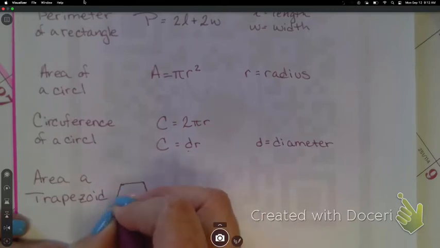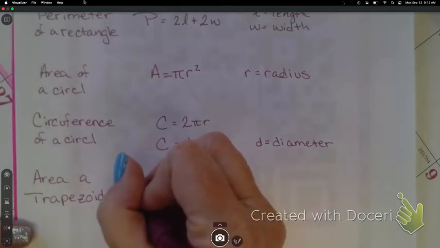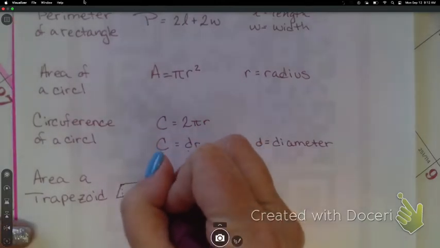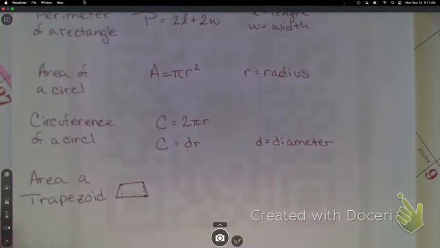Has just the two parallel sides. Remember those last year? So if I were doing these, I would make a triangle here and a triangle here, and I'd find the two areas and add it to the rectangle. I wouldn't remember the formula.